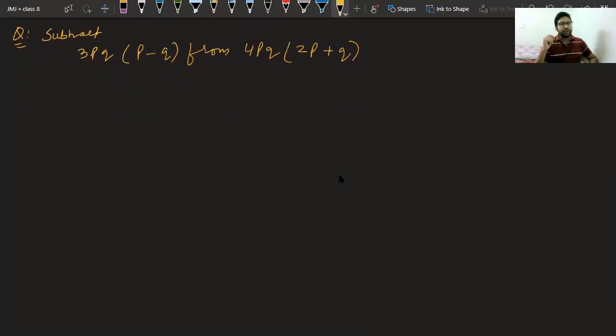The first thing to understand is which expression will come first, the first expression or the second expression. Class, which expression will come on the left side, first one or second one? It is 2p.